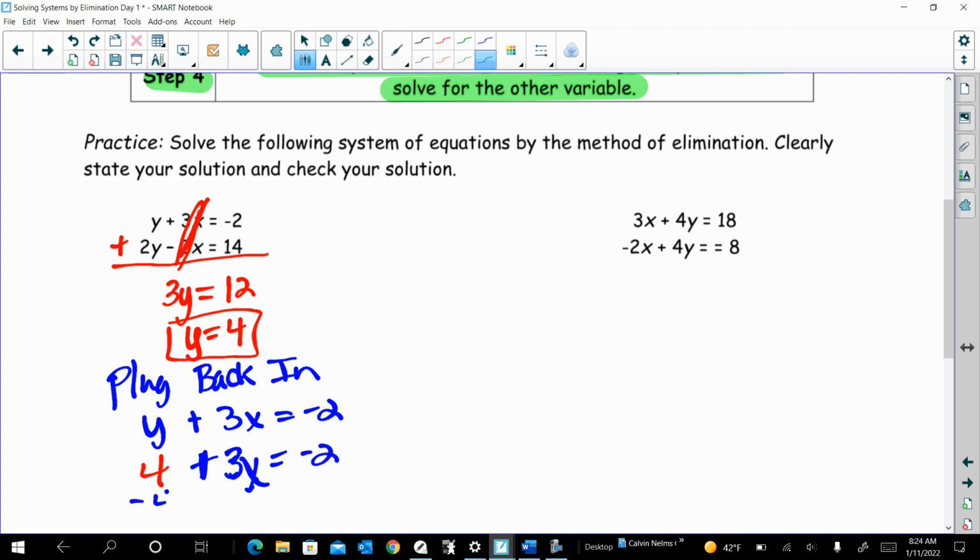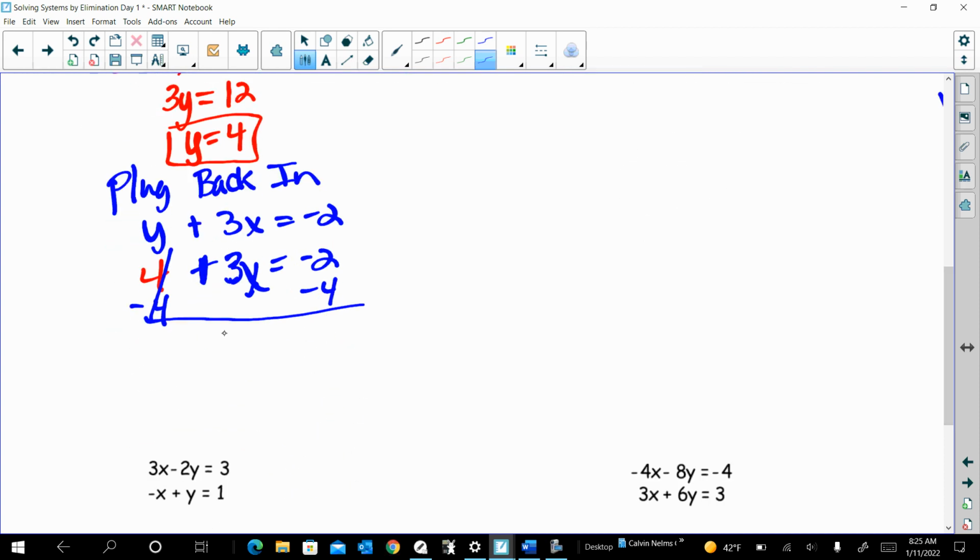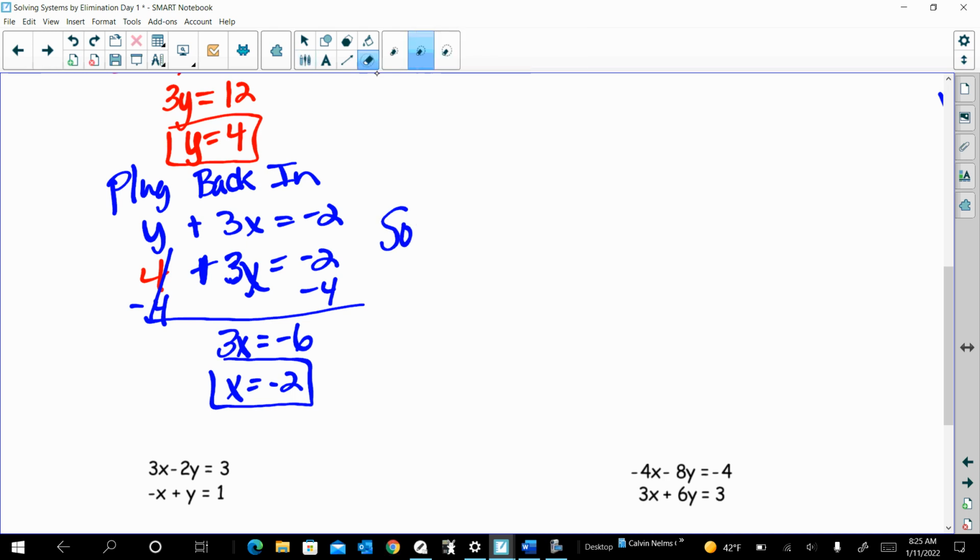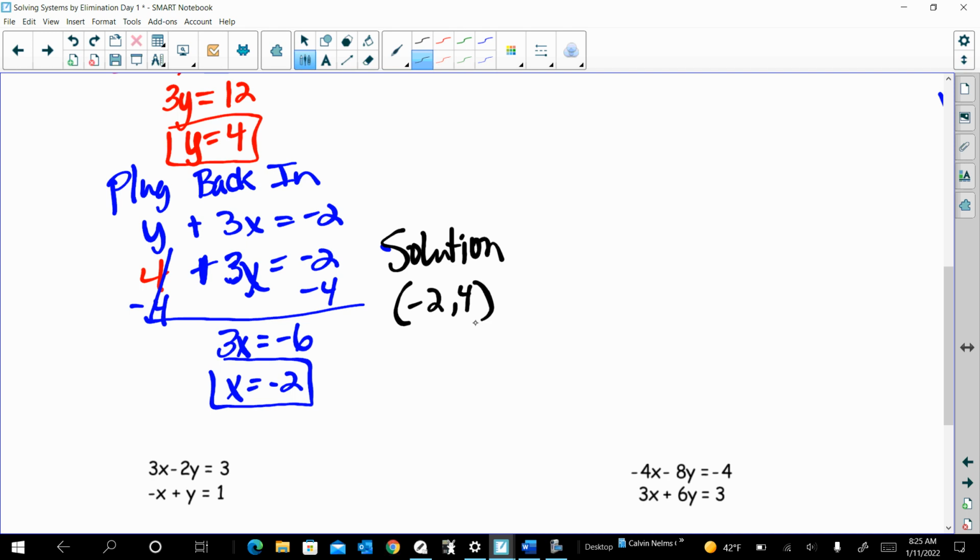Well, once you subtract the 4 on both sides to cancel out and get the x term isolated, we have 3x equals negative 6, so x equals negative 2. So our solution is the point negative 2 comma 4.